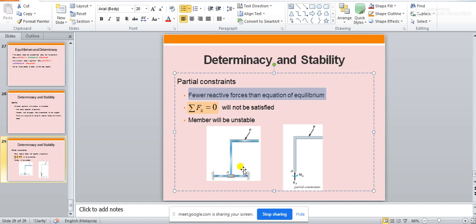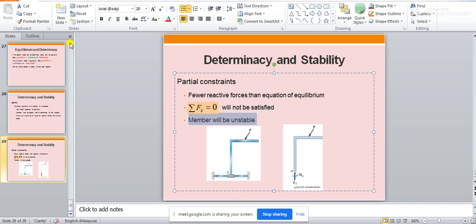In this structure, this sigma Fx equal to 0 will not be satisfied, and thus although these structures look stable, no, as the number of reactive force components is less than the equations of equilibrium, the structure as a whole or the members of the structure will be unstable.